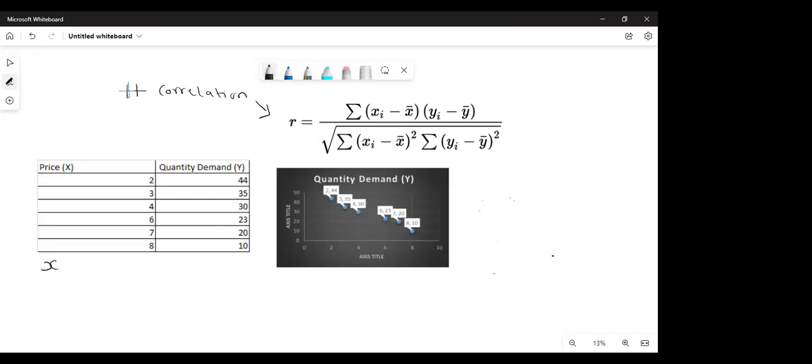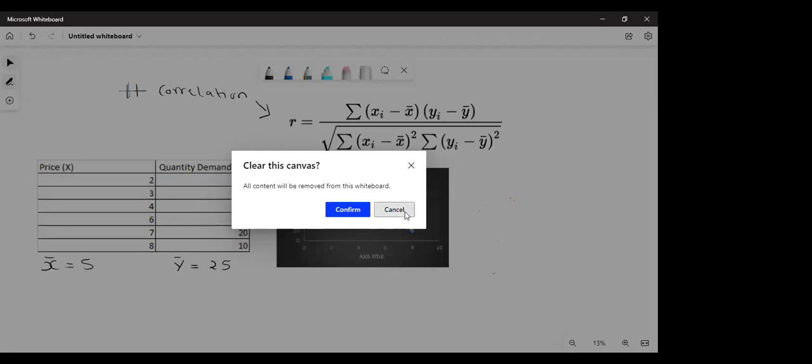So your x bar value is 5. What is the y bar value? 27. Can you subtract each value, xi minus x bar? Each yi minus y bar, do the same way, guys. Done with the formula, guys.